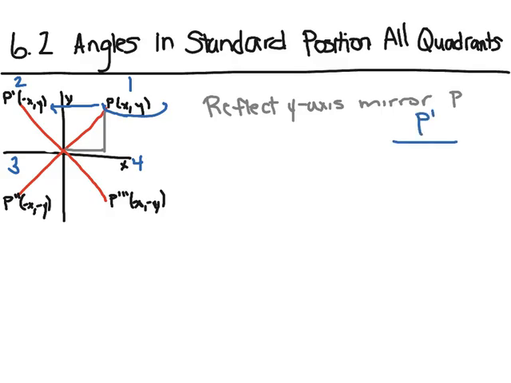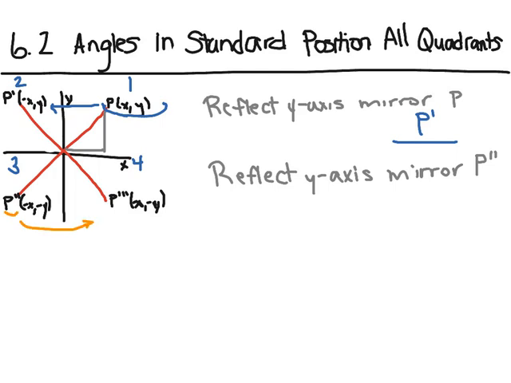And our little apostrophe is a prime. If we were reflecting across the y-axis and mirroring point P double prime, this is our P double prime, and we're going across the y-axis, so our point is P triple prime.